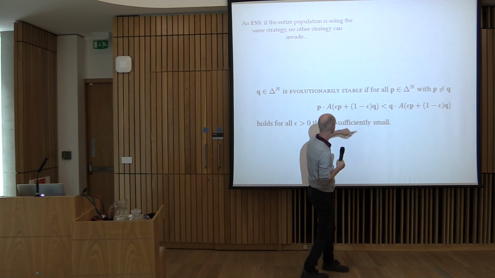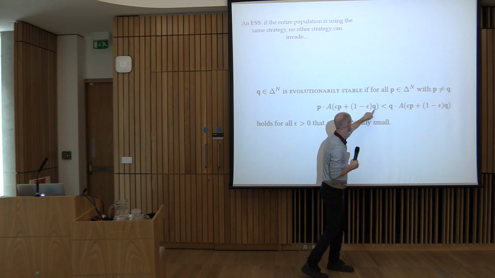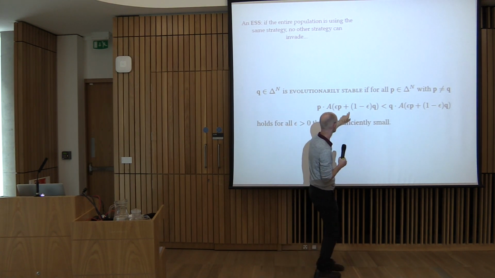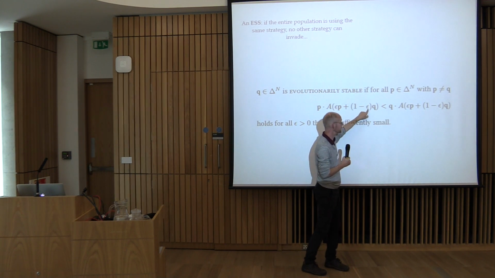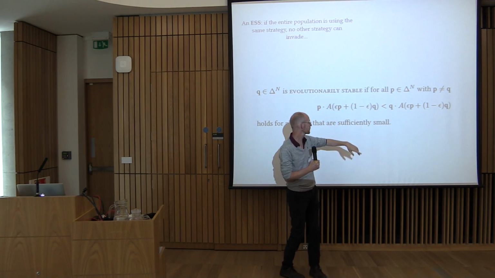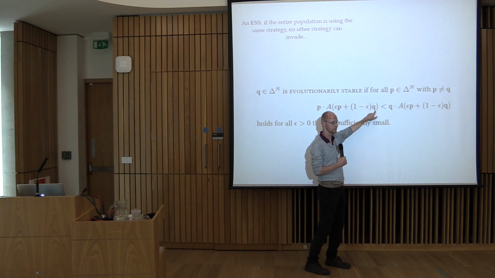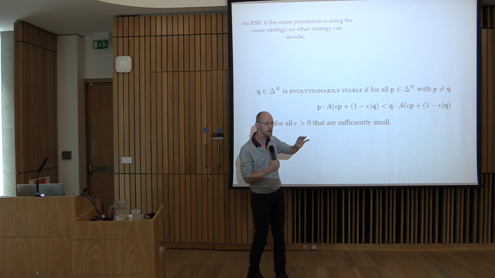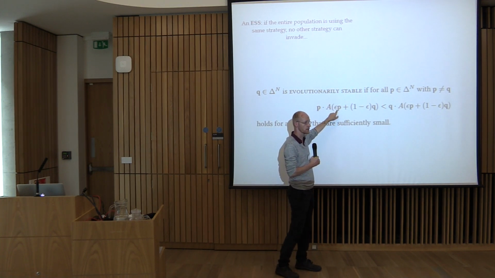Now this means, suppose that almost the whole population plays Q. That means that with probability 1 minus epsilon, and epsilon is small, everybody plays Q. But there are some people who play another strategy, and that's a very small percentage, that's epsilon.